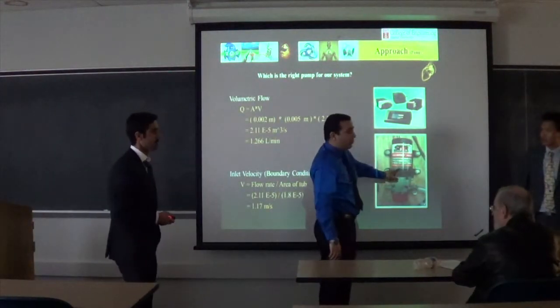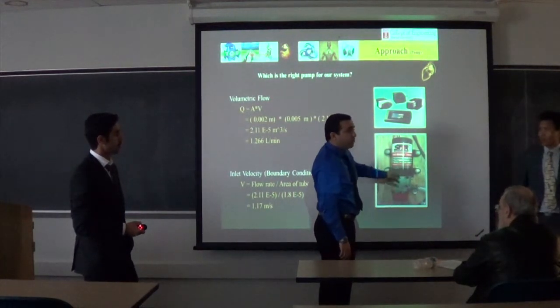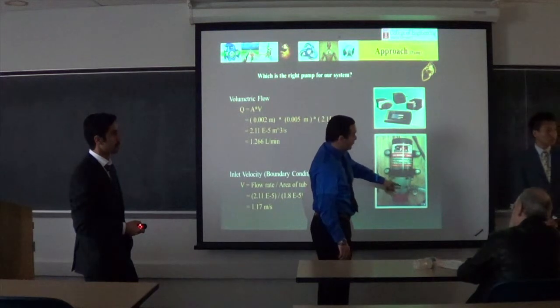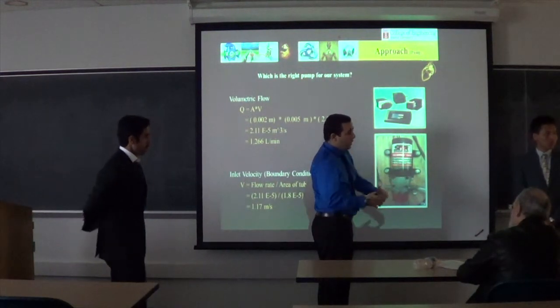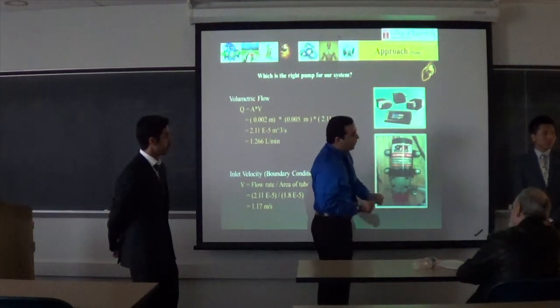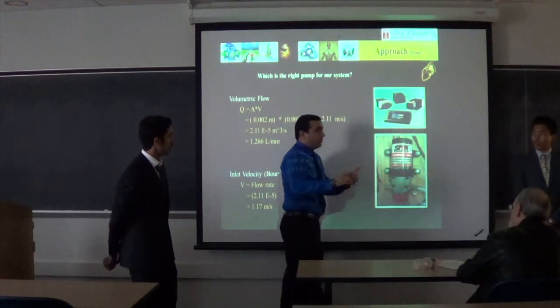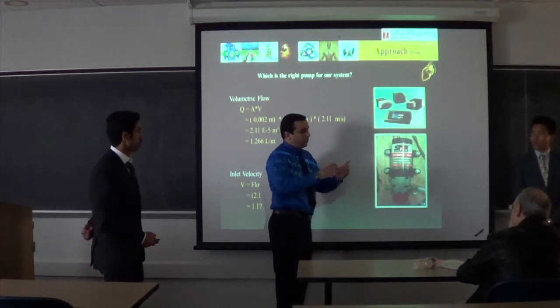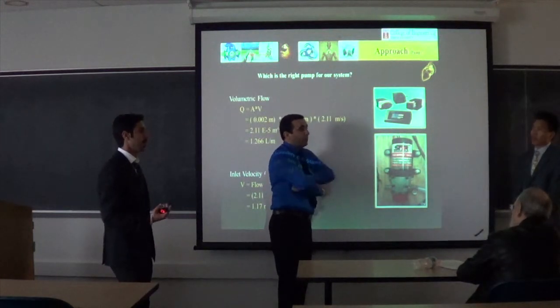This one delivers 1 gallon per minute, and by bypassing it, we were able to reduce the flow rate to 1.2 liters per minute. We had a bypass that is adjustable, and then manually, using a timer, we counted how much flow we had in the container.